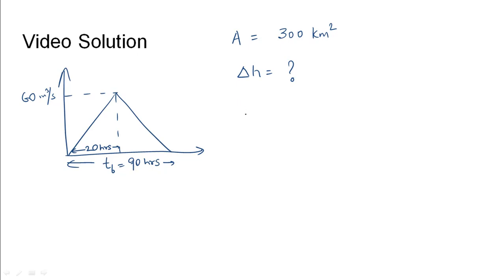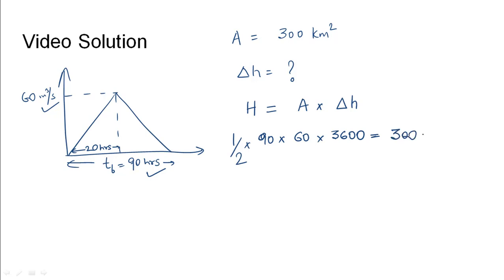So using the relation that we saw in the previous slide, that is hydrograph area equals catchment area into delta H. So hydrograph area for a triangle would be half into base, that is 90 hours, into the peak flow, that is 60, into, here we are taking time in hours but here it is in meter cube per second, so we need to convert the hours into seconds, which will be 3600, equals area of the catchment is 300 square kilometers.